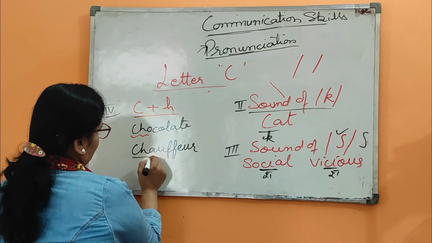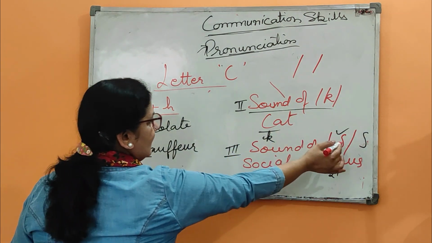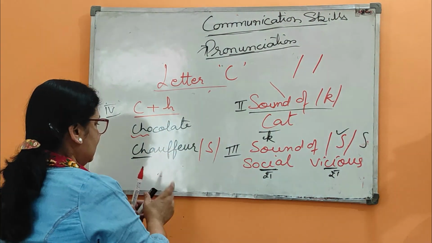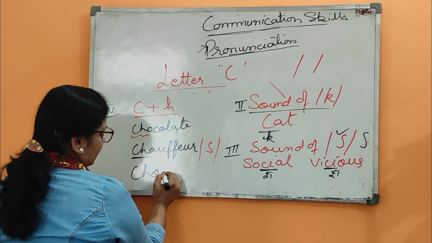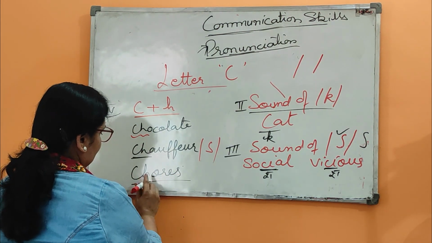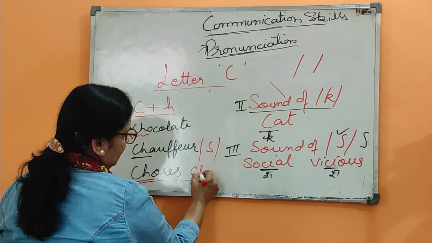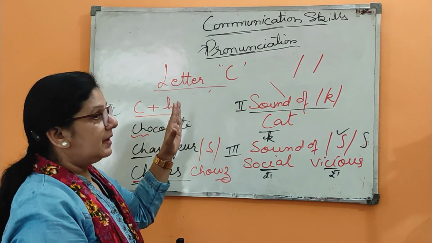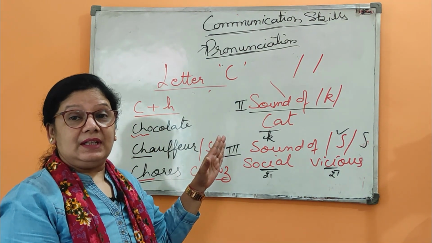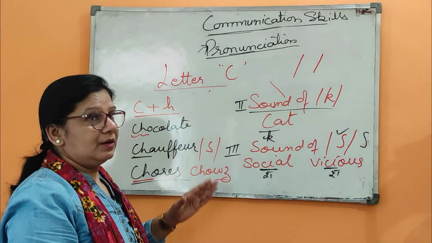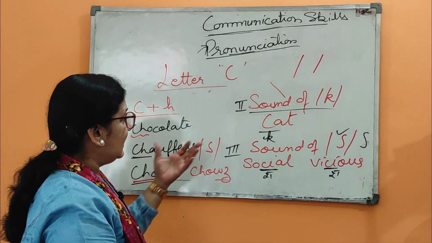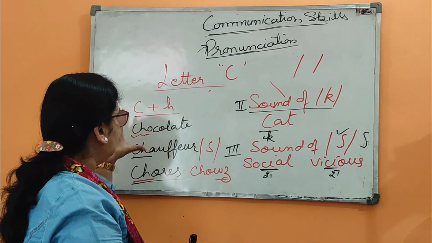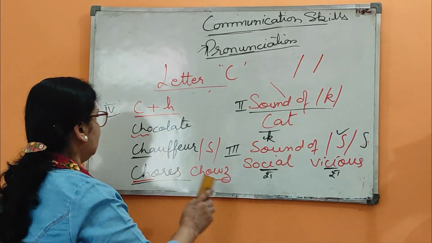It is the sound of sh, the same one. Here the pronunciation is chauffeur. If I say chores, again the ch sound, it is pronounced as chores. So different sounds are related with the letter C, and we have to pronounce according to the rule. We cannot say sad, we cannot say social. So these are some sounds related with letter C.